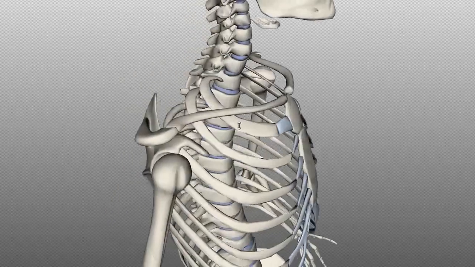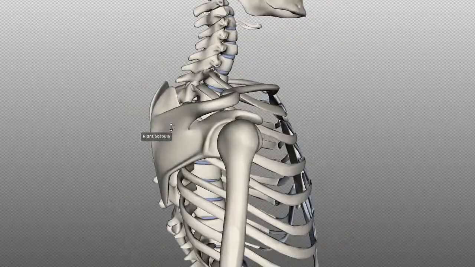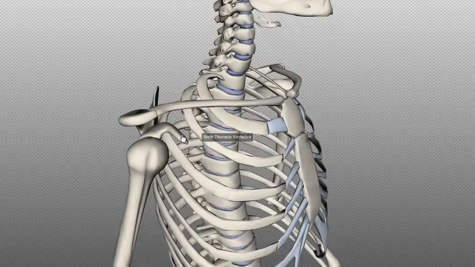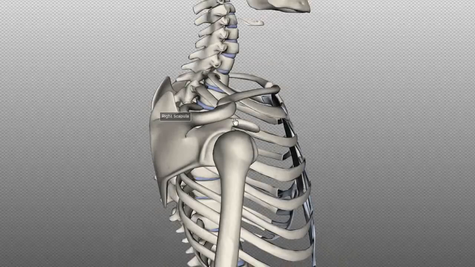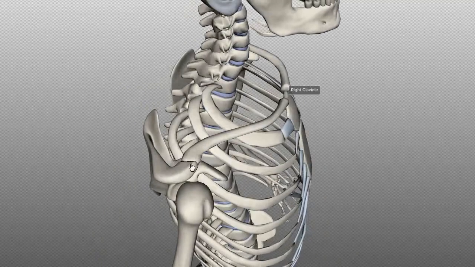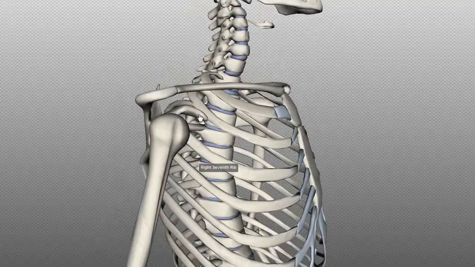You've got the acromion process, which articulates with the clavicle. And then you've got the coracoid process, which I just talked about, this little hook-shaped bone which extends above the glenoid fossa, which articulates with the humerus. So three processes: spinous process, acromion process, which articulates with the clavicle, and this hook-shaped process which extends outwards.